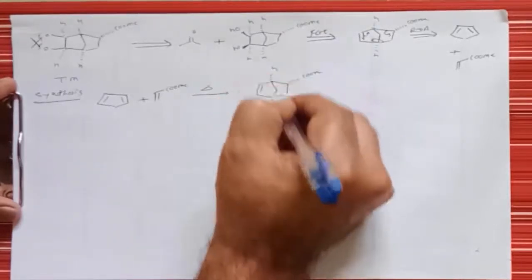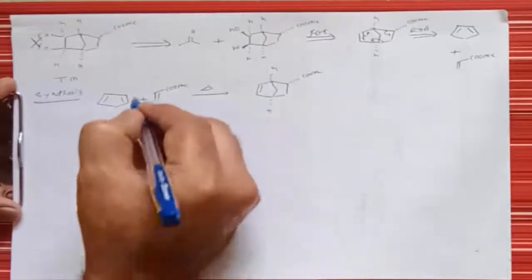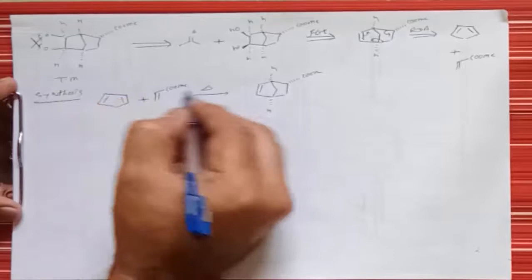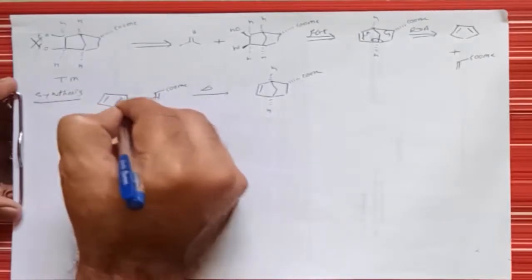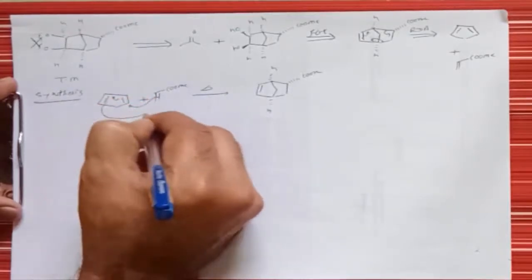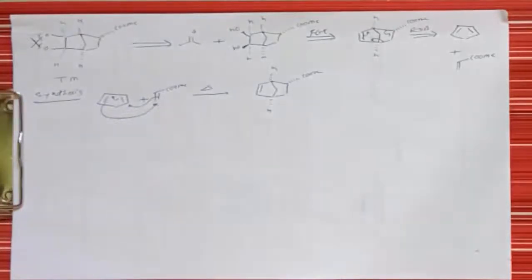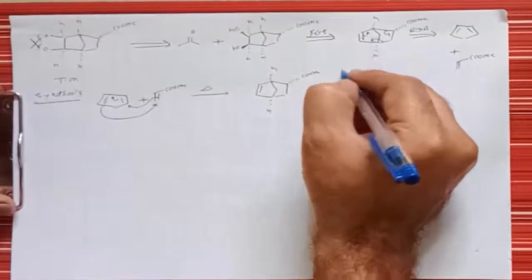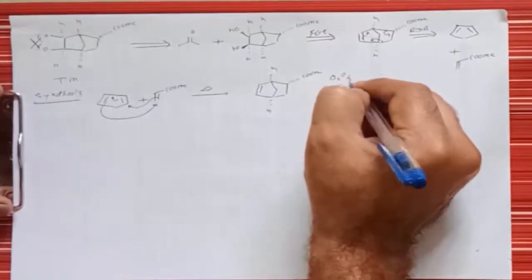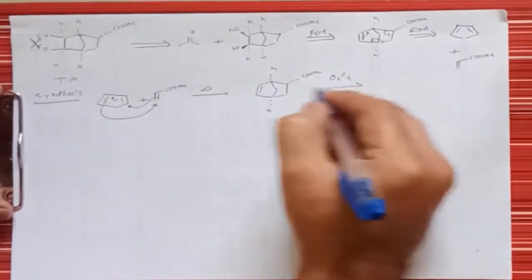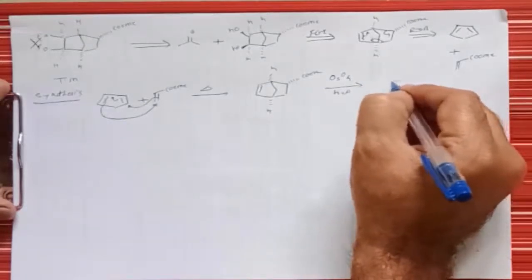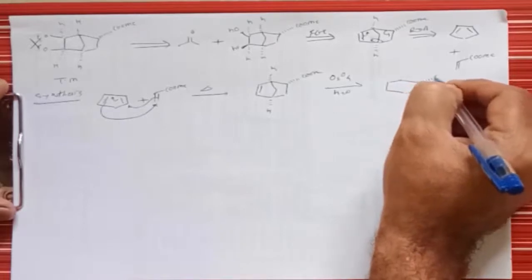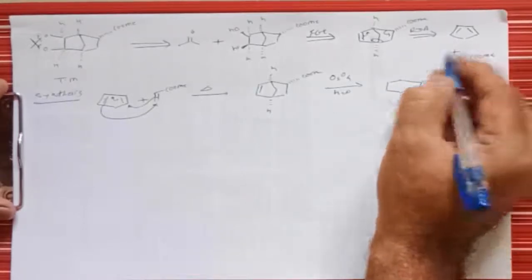So here is hydrogen, here is hydrogen. That means if you see, the reaction will proceed with the formation of this, right? So it gives a cis addition, and further if we treat this molecule with osmium tetroxide or KMnO4 in the presence of water, it gives a cis addition of OH groups, and the OH groups must be added from the opposite side of this OMe.